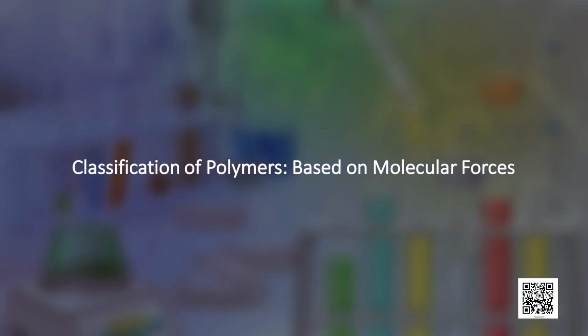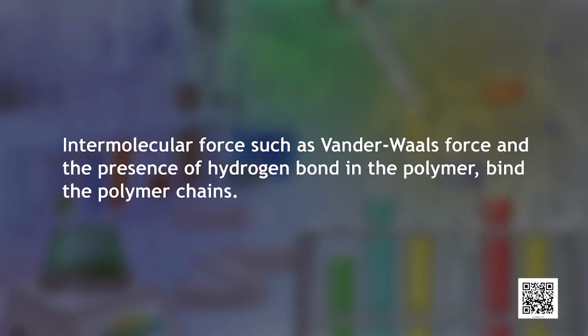The fourth type of classification is based on molecular forces present in the polymer. A large number of polymer applications in different fields depend on their unique mechanical properties that we have already discussed. And these properties are governed by intermolecular forces such as van der Waals forces and hydrogen bonds present in the monomer.